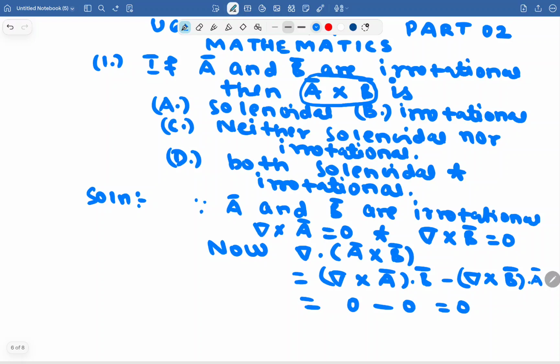Again, by definition, if del dot A cross B is 0, we can say A vector cross B vector is solenoidal. For this problem, the first option is the correct option.